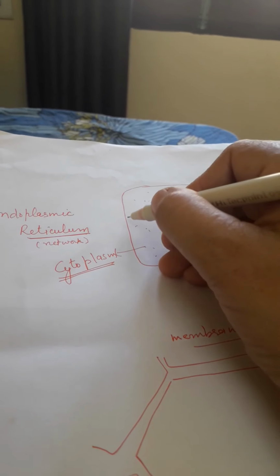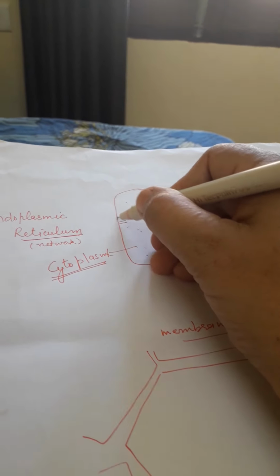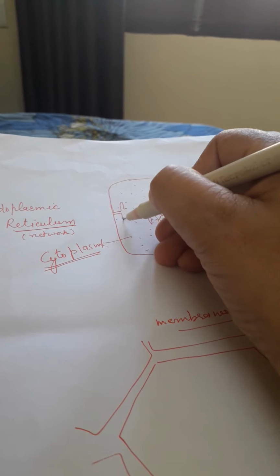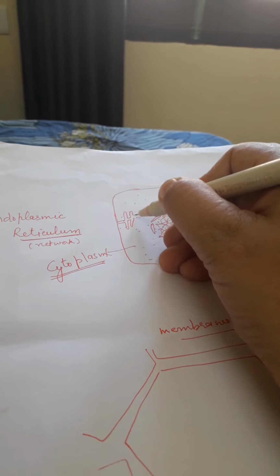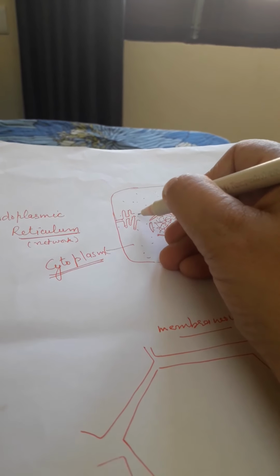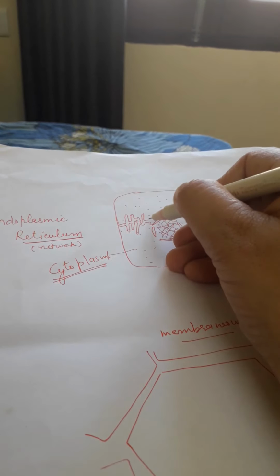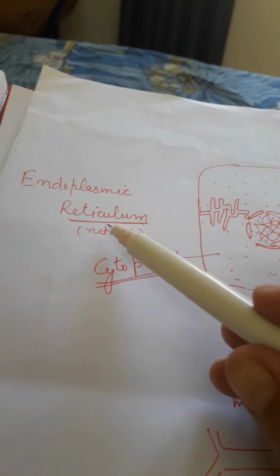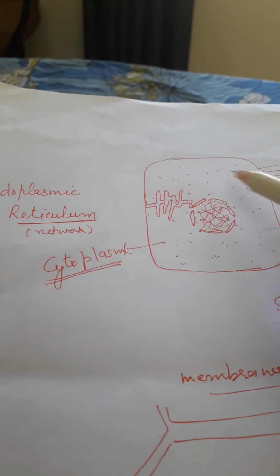And the structure is such that from its outer side it is attached with the cell membrane, and from the inner side it is attached or continued with the nucleus. You can draw like this, and then it is in continuation with the nucleus. What is this I have drawn? Endoplasmic reticulum.